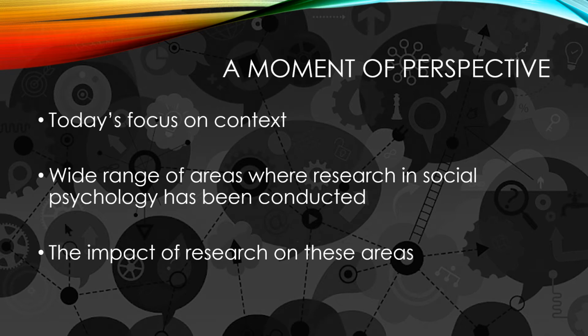We've looked at things like emotions and social cognition, aggression and prosocial behavior, attraction, a whole slew of different things that can find their way into other topics that aren't necessarily social psychology research related. There are essentially lots of applications to a lot of the different things that we've been looking at. But what we haven't necessarily done a lot in this class is look at those places where these things apply.